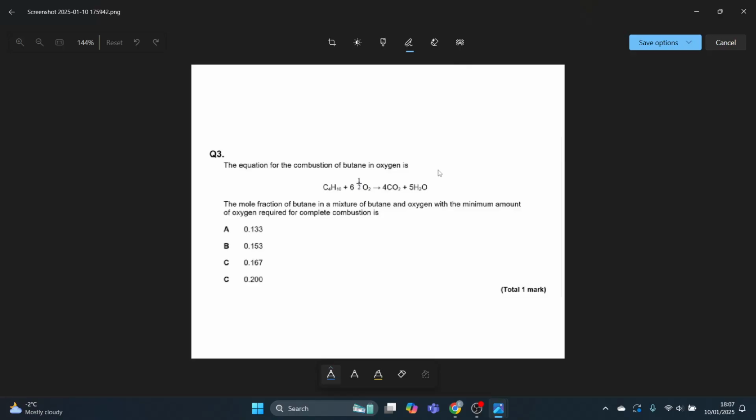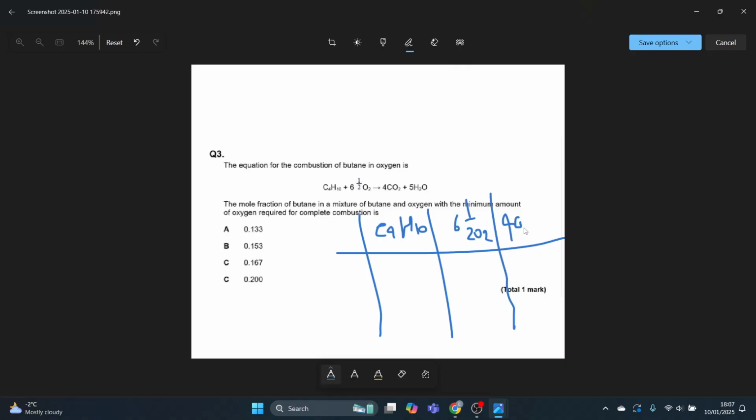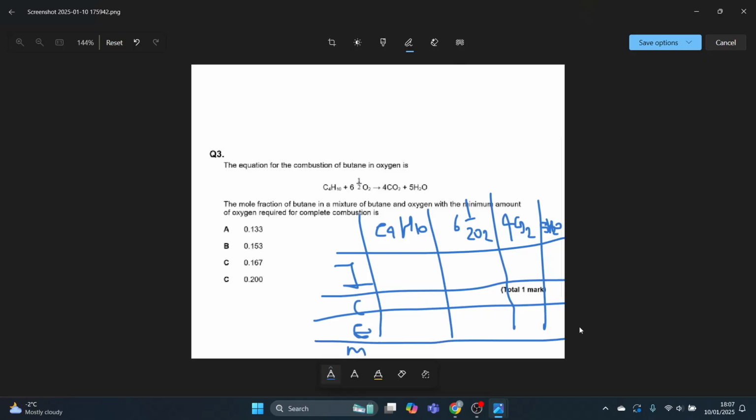I don't know if this is going to be the correct method, but let's try it. It's better than just repeating the question over and over again and not doing anything. But surely if I do this, and I'm just going to use the molar ratios in the balanced chemical equation.